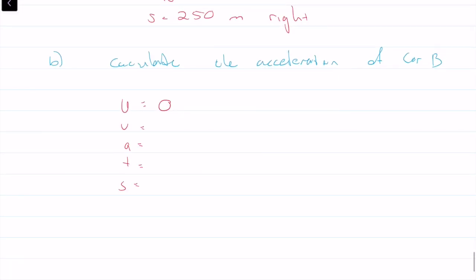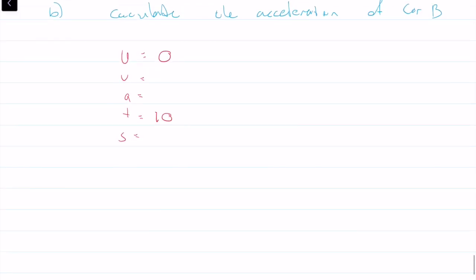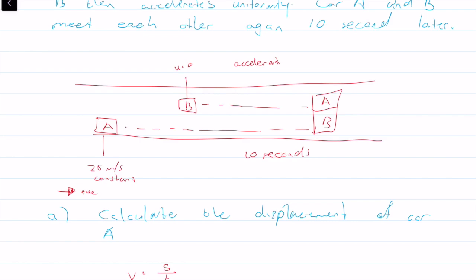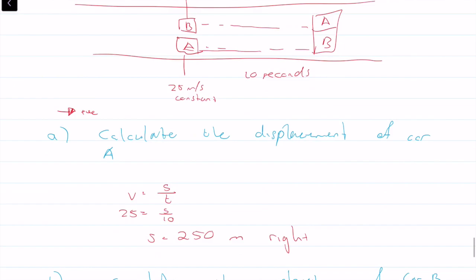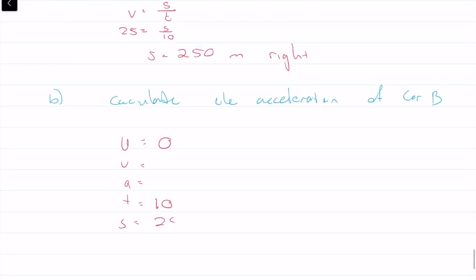We know that in 10 seconds, these 2 cars travel the same distance. Car A and B are next to each other, so the displacement is 250 meters like we calculated before.